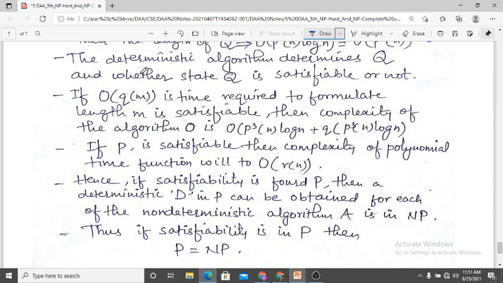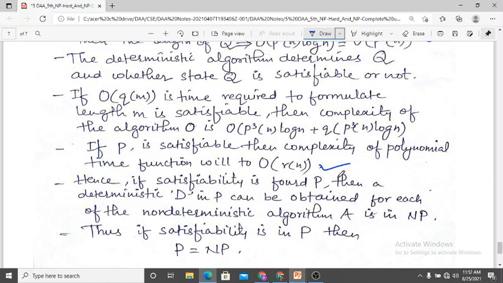If we have Q(m) as the time required to formulate and check the formula of length m for satisfiability, we need to add the previous one and this. Then if it is satisfiable, the complexity of the polynomial time function will be order of R(n).